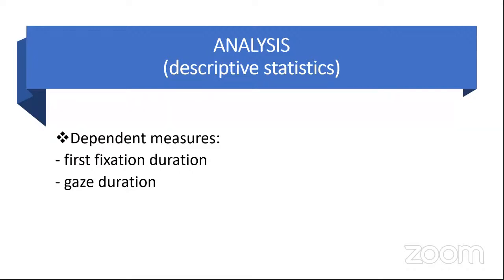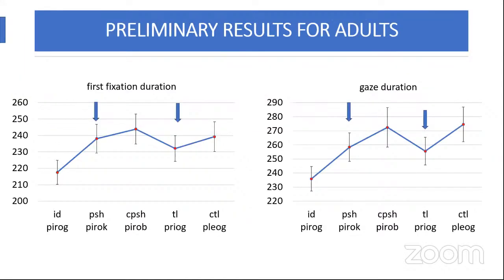We have first fixation duration and gaze duration as our dependent measures. And here you can see the preliminary results for adults. So we can see that pseudo-homophones provoke longer fixations on the target word than transposed letter condition.